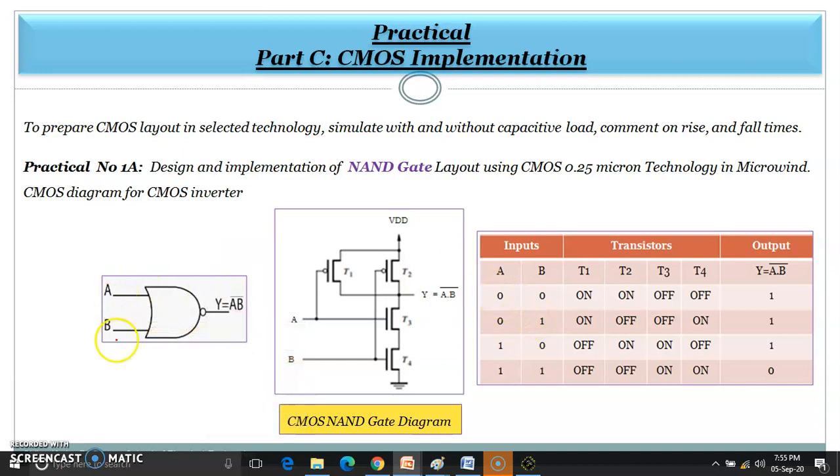As there are two inputs, there are a total of 4 possible combinations: 0 0, 0 1, 1 0, 1 1, and depending upon that I can check whether my output is 1 or 0 and justify it over here. And these are the transistor names: T1 and T2 are the P MOSFETs, and T3 and T4 are the N MOSFETs. The P MOSFET turns on when 0 is applied, and the N MOSFET turns on when 1 is applied.